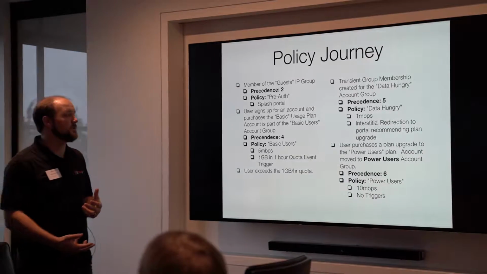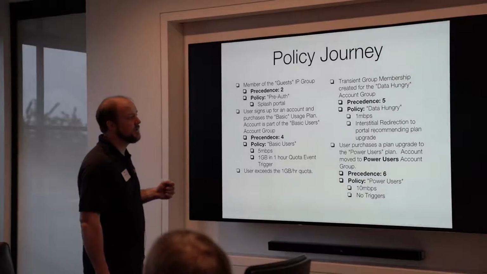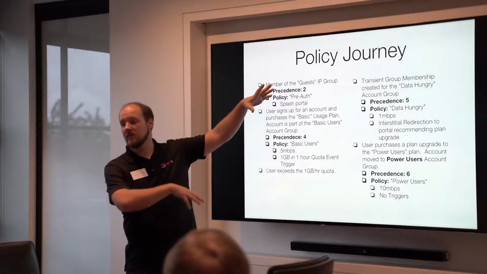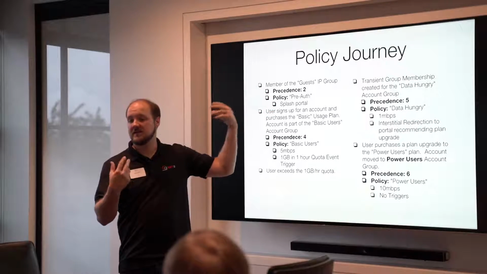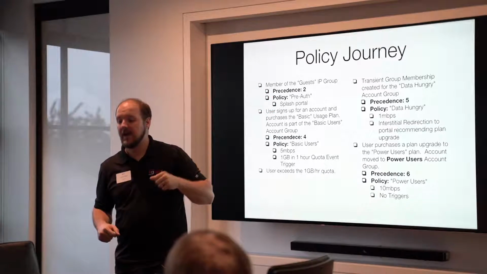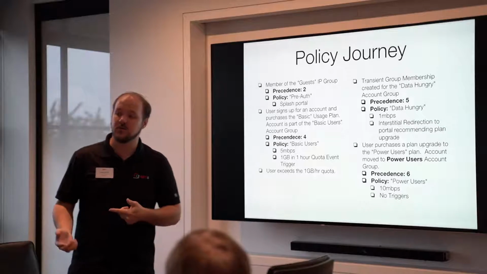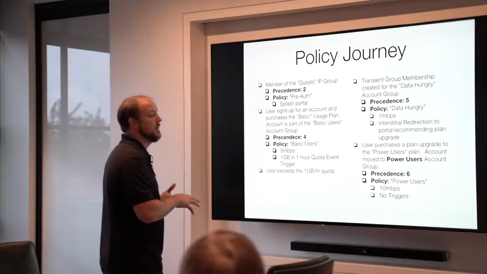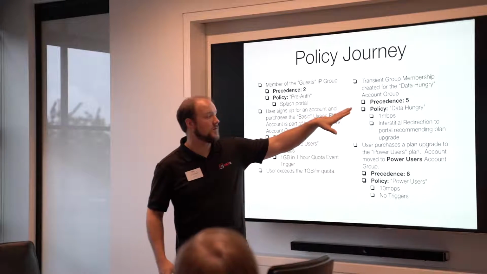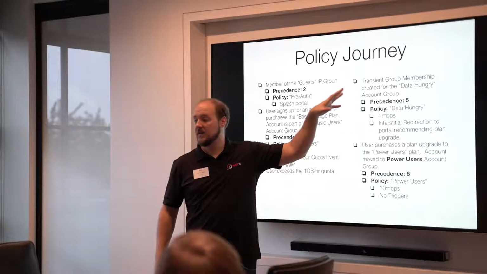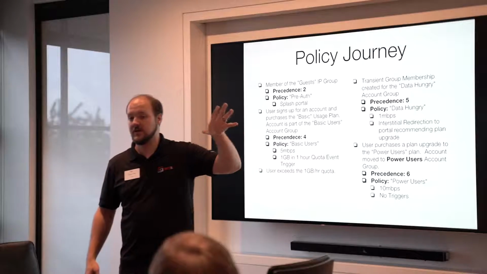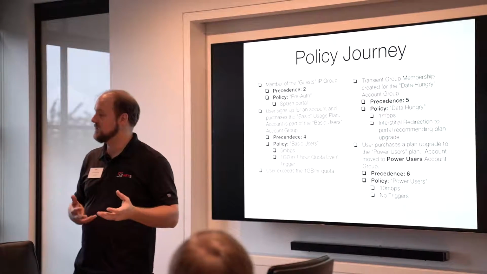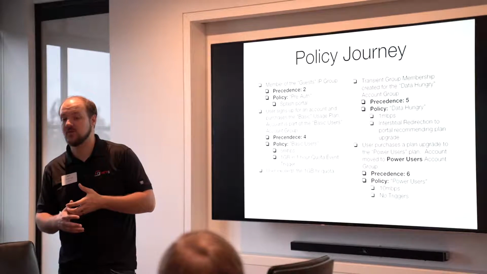active for those users. So we have a data-hungry account group, and the trigger for the quota is linked to this data-hungry account group. When that trigger happens, the user temporarily becomes a part of this new policy. You can see that we've set the precedence value on this to 5, which again is very important because the precedence controls which policy is actually active for the device.